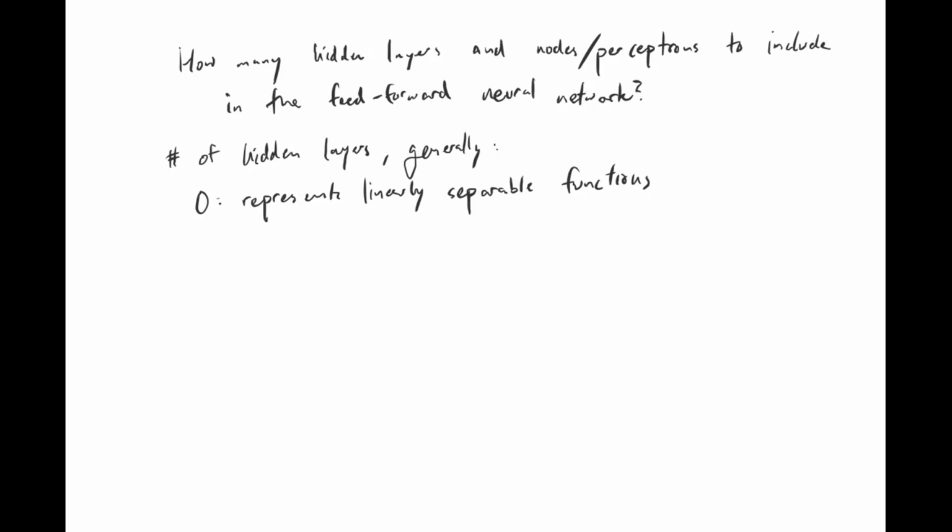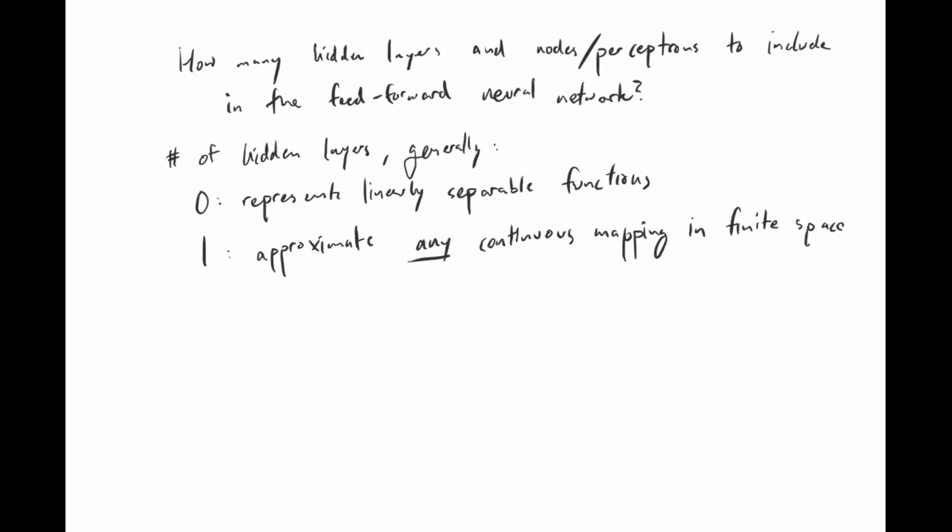If you have one hidden layer, this will approximate any continuous mapping in finite space. And that's why very often you see models that will just have a single hidden layer, because doing this double transformation lets you map basically anything in finite space.